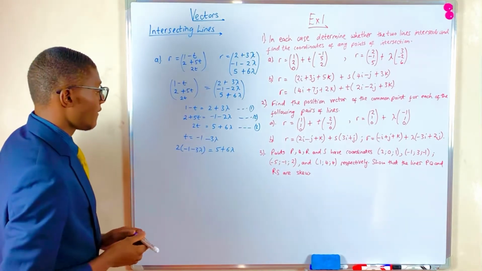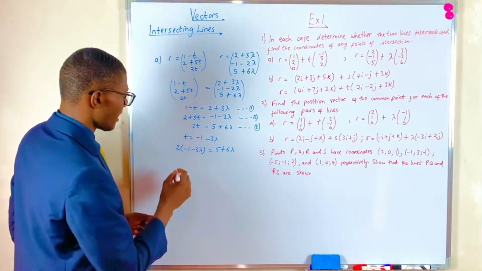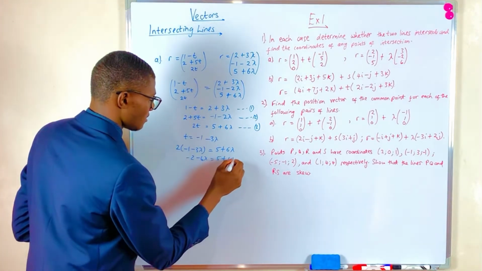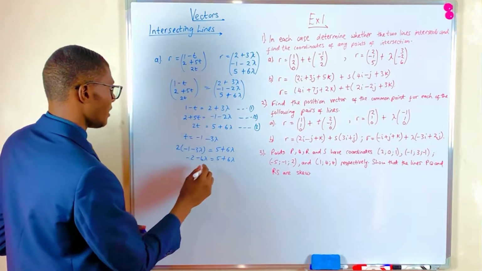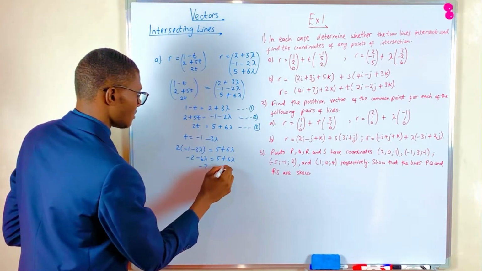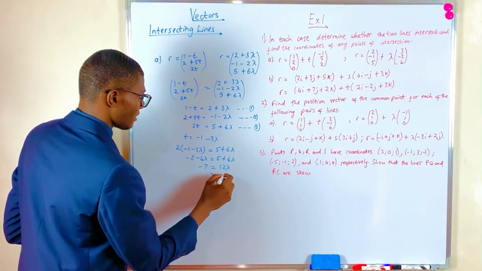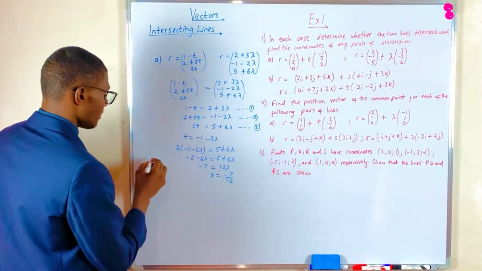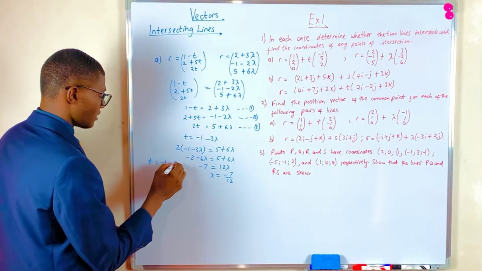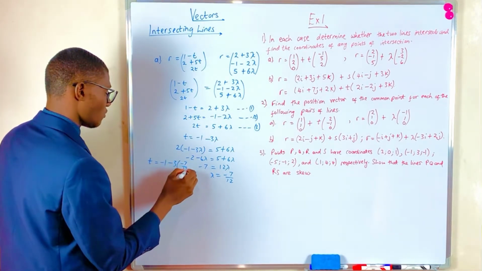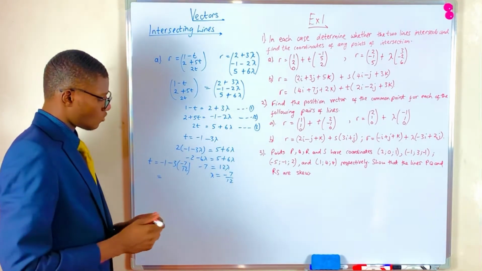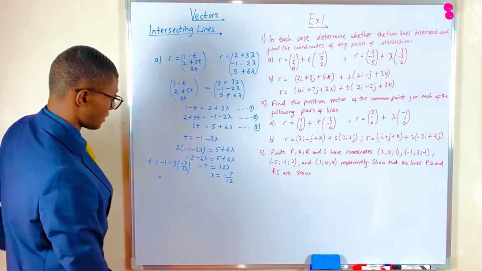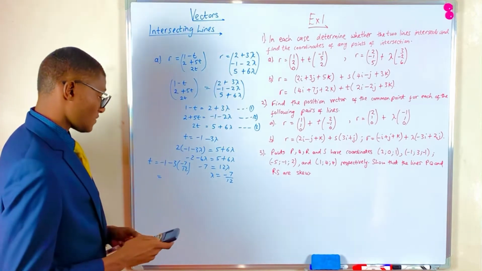Expanding, minus 2 minus 6 lambda is equal to 5 plus 6 lambda. Then minus 7 is equal to 12 lambda, so lambda is equal to minus 7 over 12. Then t would be minus 1 minus 3 times minus 7 over 12, which is minus 1 plus 7 over 4.